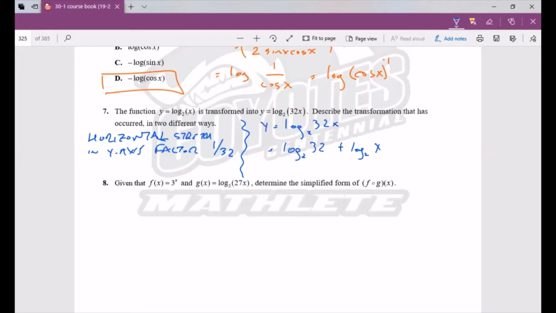So we could write that step, or we could just ask ourselves 2 to what number is 32? This is 5. So we have 5 plus log x, the same as log x plus 5. This is a vertical translation up by 5.